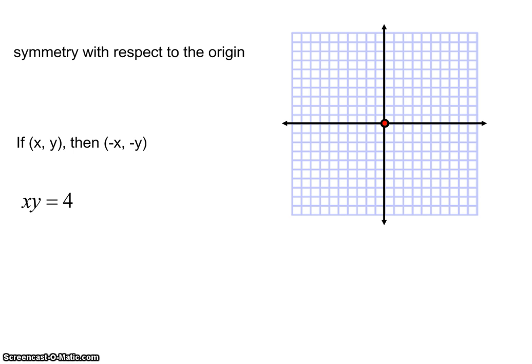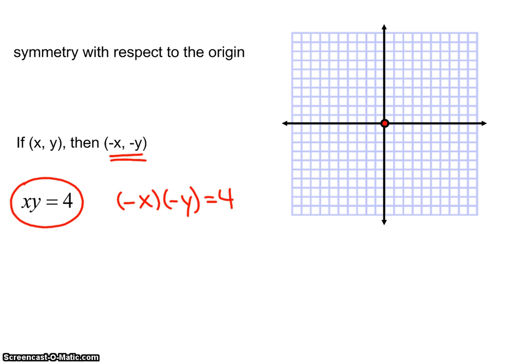So we take our function, in this case xy = 4, and I'm going to substitute the opposite of x and the opposite of y into this equation. So my x value is -x, my y value is -y, and that's going to be equal to 4.